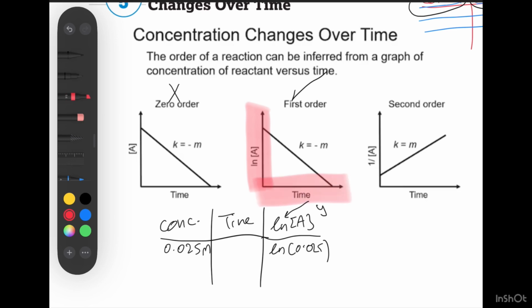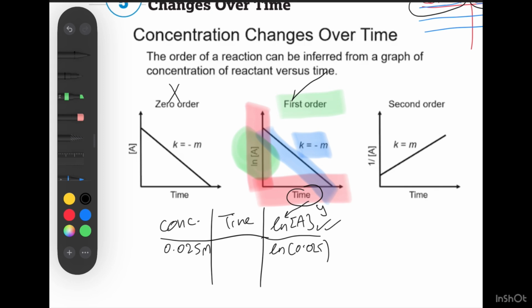Now, if we have a straight line with a negative slope when we plotted the natural log of the concentration versus time, then I can say my reaction at that point is a first order. So everybody's happy and now it's ready. That's really good.